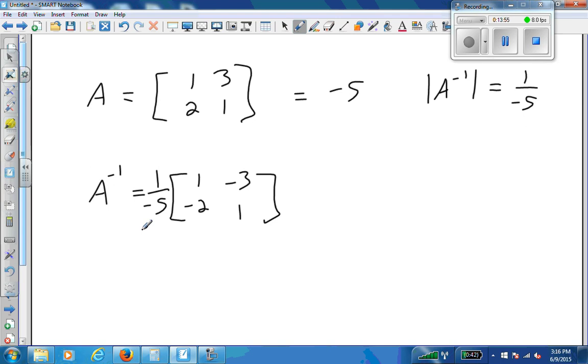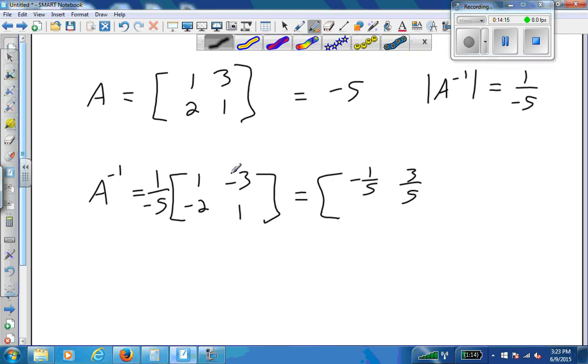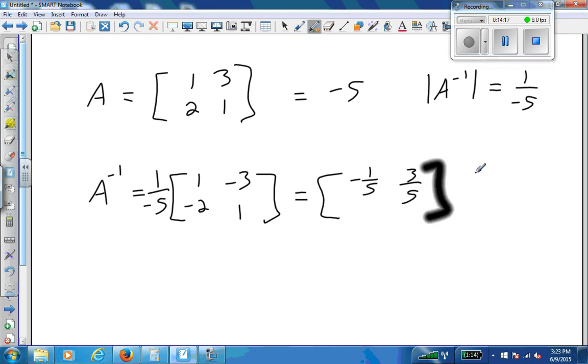Did I do that correctly? Yeah. So the inverse, if we take this times that matrix, is negative 1/5. So negative 1/5 times negative 3 is 3/5. Negative 1/5 times 2, negative 2, is positive 2/5.